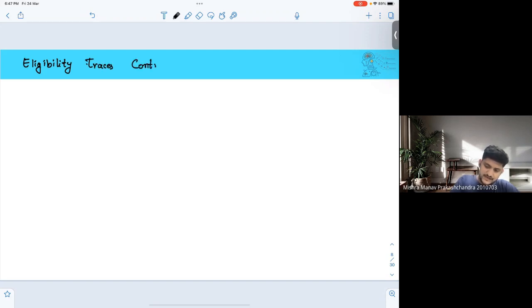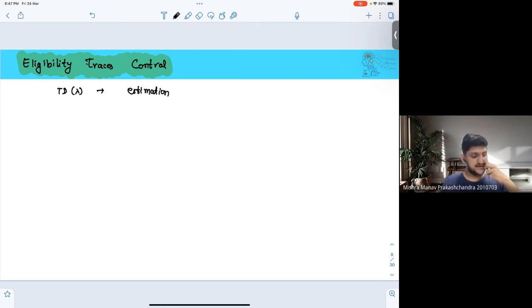So now that we have defined eligibility traces, it only makes sense to look at the control aspect of eligibility traces, right? So far we saw that TD(lambda) is basically an estimation method. Based on TD(lambda), I can't recover the optimal policy pi, right?